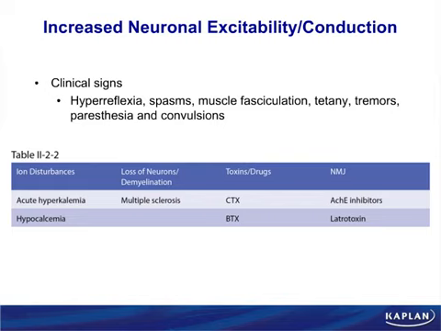Again, they block inactivation, so I have a little bit longer duration action potential. They're not the key player for repolarization. Hopefully you remember potassium. Potassium channel blockers would have a much bigger impact, but both will increase the duration of the action potential. And if I increase the duration of the action potential, I'll get more acetylcholine release.